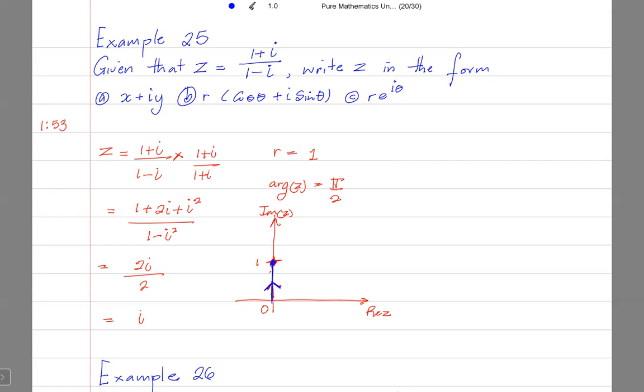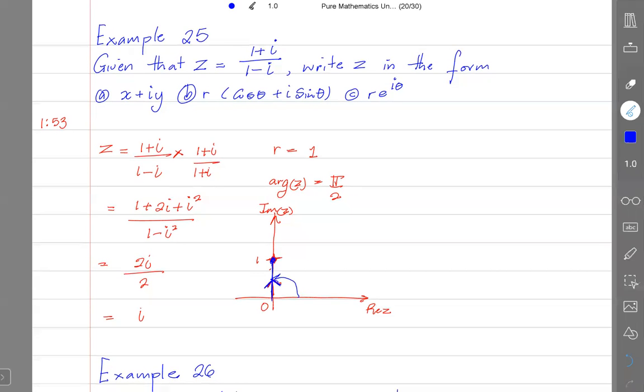That is i. Now, if you remember that the argument is measured from the positive real axis, so this would be the argument, and that argument is 90 degrees. And the modulus would be the length, and the length is 1. So the modulus is 1, and the argument is pi by 2, which is 90 degrees.